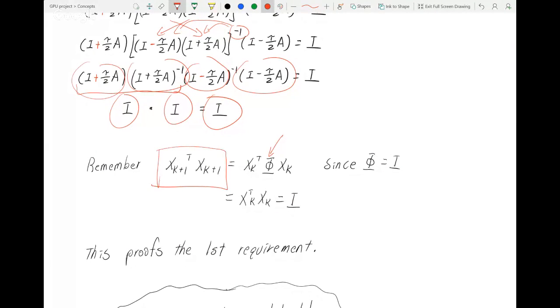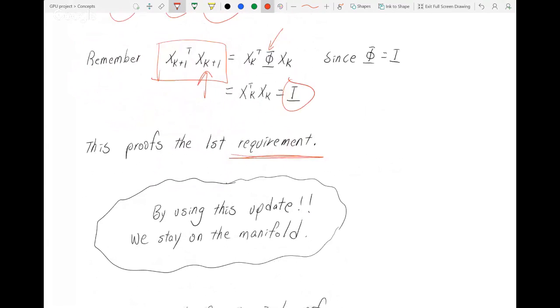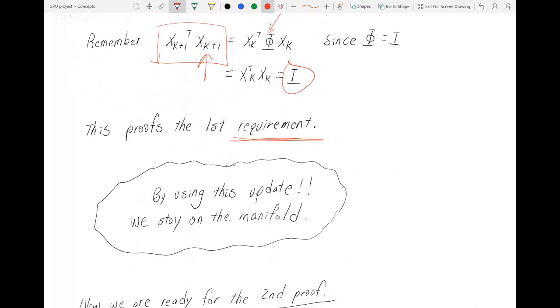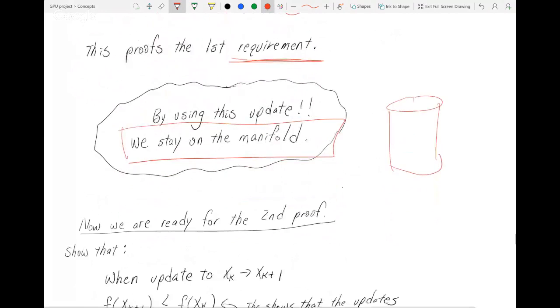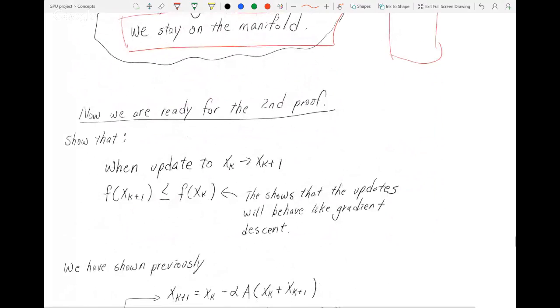Therefore, xk plus 1 transpose times xk plus 1 must also equal identity. So we have proved the first requirement, which says that every time we do an update, we're staying on the manifold. We're staying on the cylinder. You remember that cylinder? So now we're ready to do the second proof.